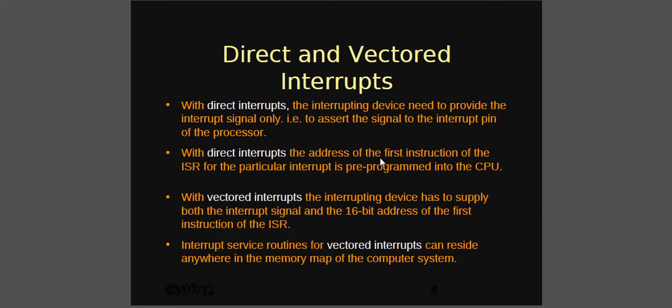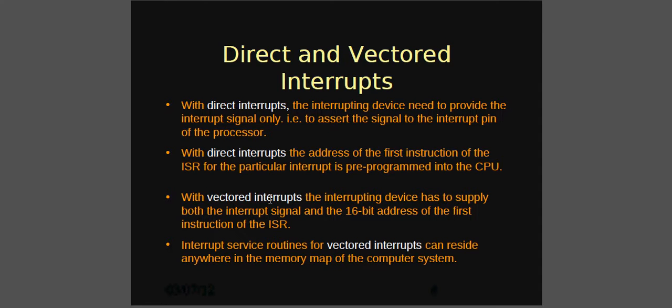Alright, there are a few types of interrupts, and the first one is the direct interrupt. For a direct interrupt you just have to give the interrupt signal and you don't have to give the address, because the address is already pre-programmed, already written in the code. But there's another type of interrupt called the vector interrupt.